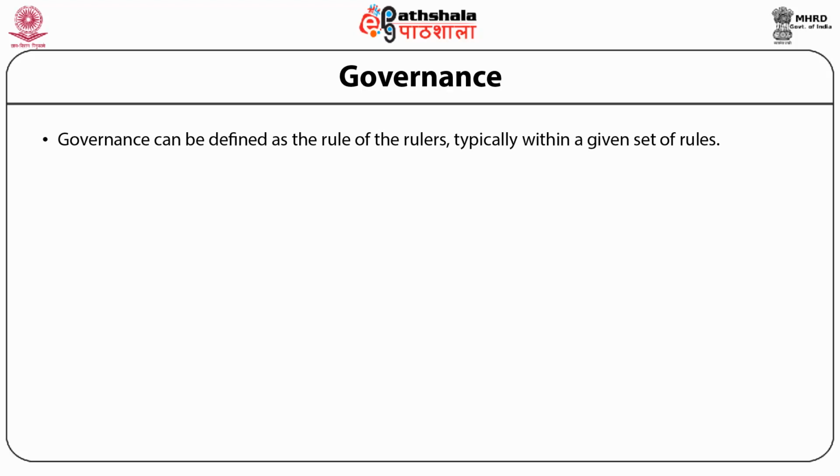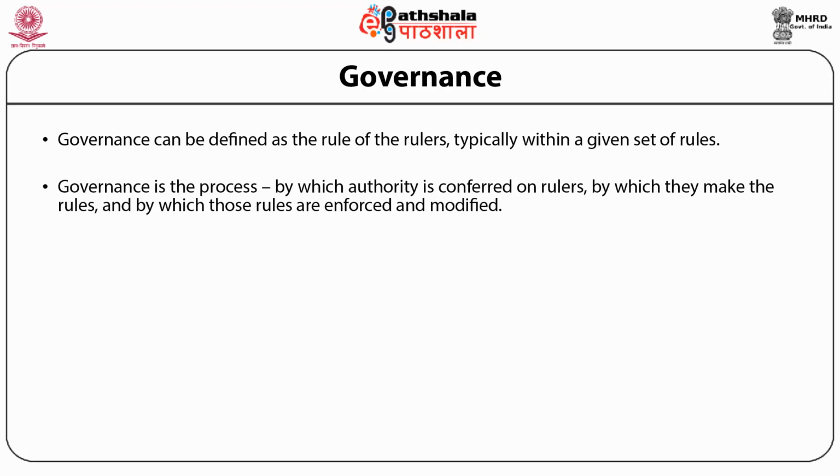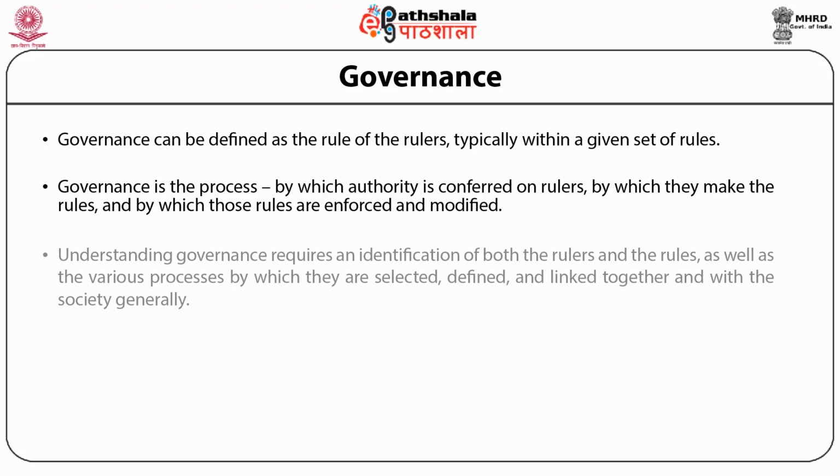One might conclude that governance is the process by which authority is conferred on rulers, by which they make the rules, and by which those rules are enforced and modified. Thus, understanding governance requires an identification of both the rulers and the rules, as well as the various processes by which they are selected, defined, and linked together with society generally.